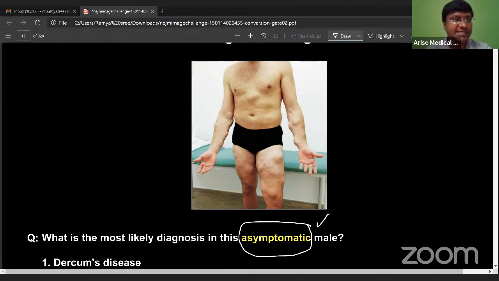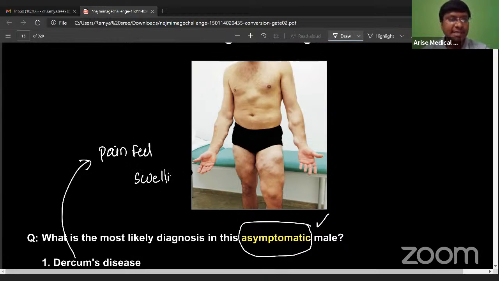Santosh, you have answered it as Dercum's disease. But let me tell you, Dercum's disease, they do present with multiple swellings. But in Dercum's, they are painful swellings. Right? You will have the painful swelling in Dercum's disease. So what is the answer here then?